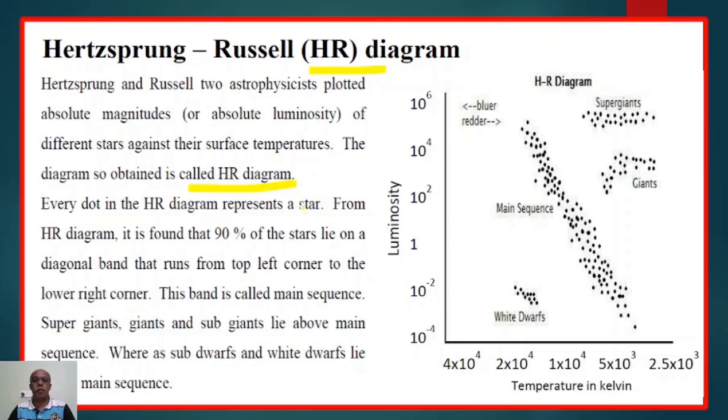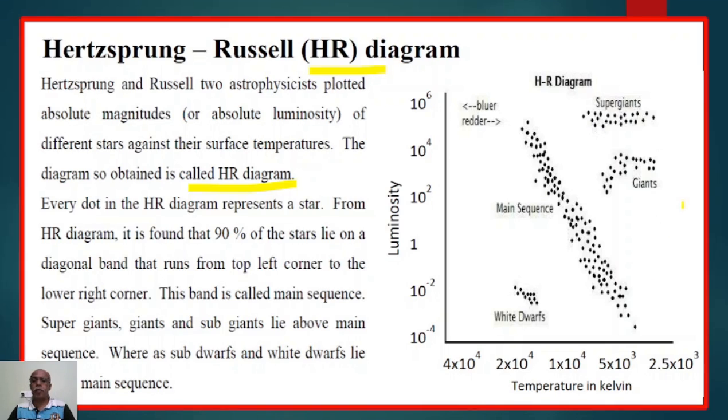The diagram obtained by plotting the absolute magnitudes, or otherwise the absolute luminosities, versus the surface temperature in Kelvin. Every dot in this diagram represents a star.